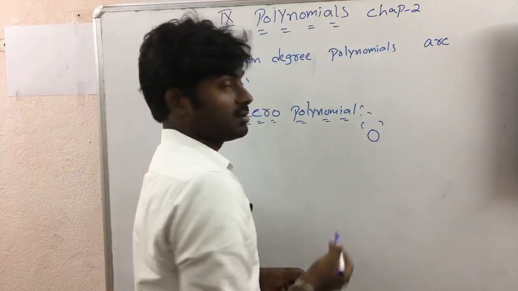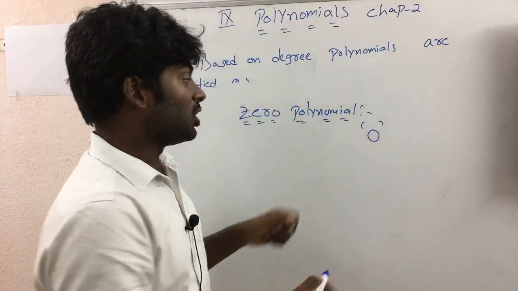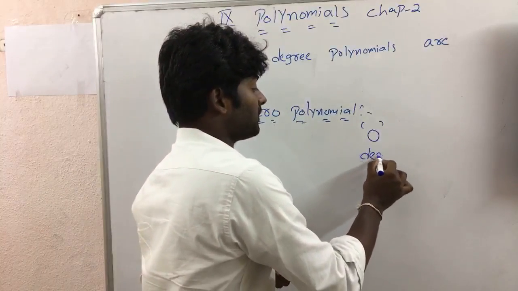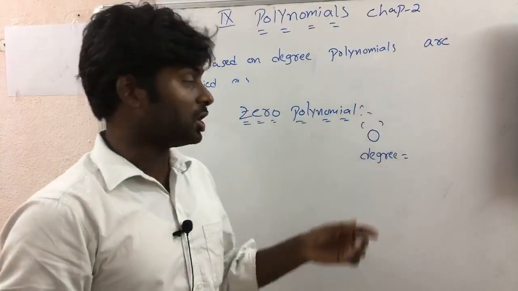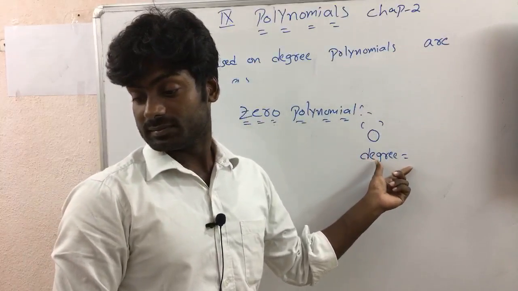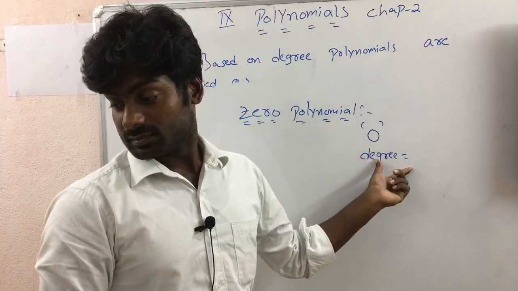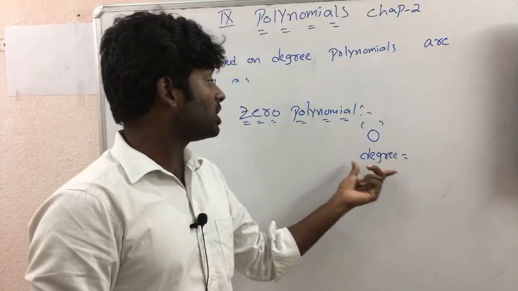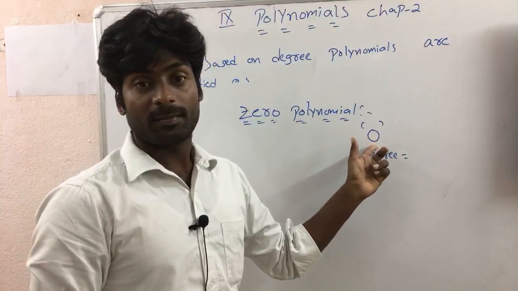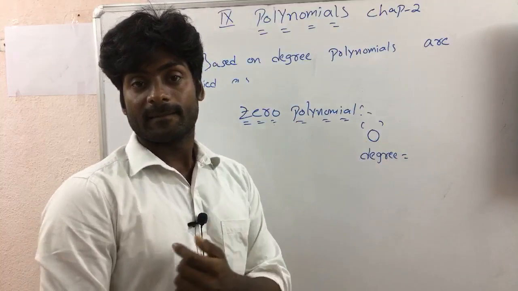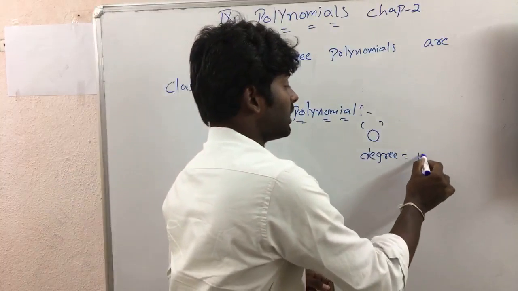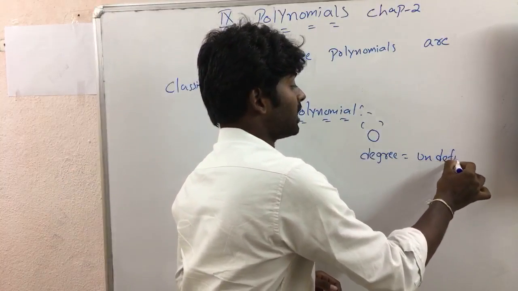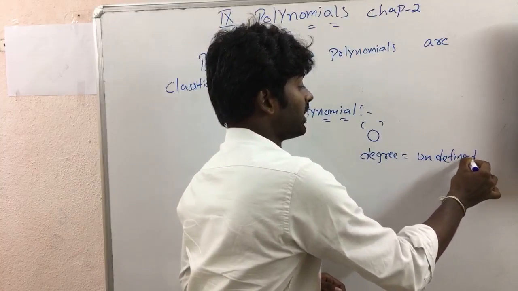Only 0 is said to be the zero polynomial, and the degree of the zero polynomial is, can anyone type there? I am asking the degree of the zero polynomial. Not 0, it is undefined. See, I will explain why it is undefined.